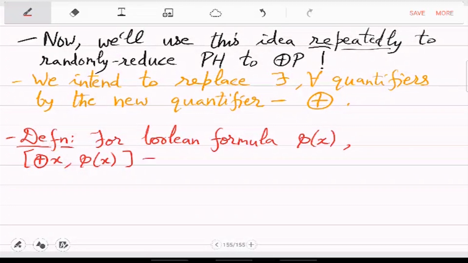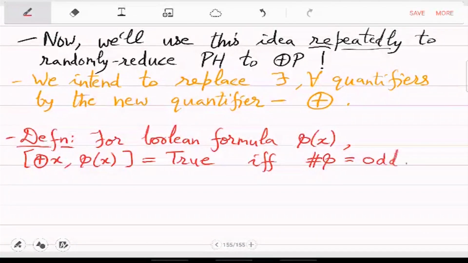This is true if the number of x's that satisfy phi is odd.